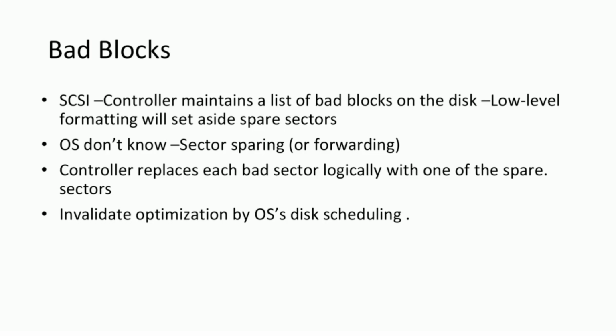For this reason, most disks are formatted to provide a few spare sectors in each cylinder and a spare cylinder as well. An alternative to sector sparing is sector slipping.